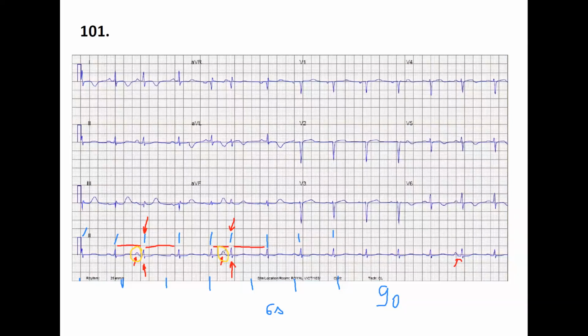It means they are coming from different areas of the atrium. If they came from the same area, they should be identical. Because they're different, they come from different sources. So this is multifocal atrial premature beats.